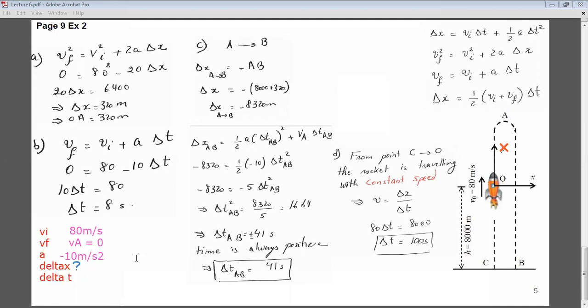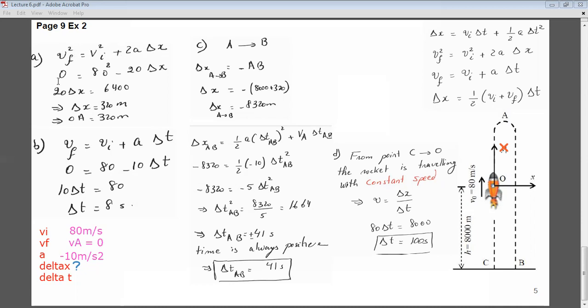So I look at my equations. Which equation has V initial, V final, a, and delta x? Again, it's the second equation. Notice that the questions keep repeating. So if every time I redo the problem, these equations will get stuck in our mind. So I'm going to use V squared final equals V squared initial plus 2a delta x.